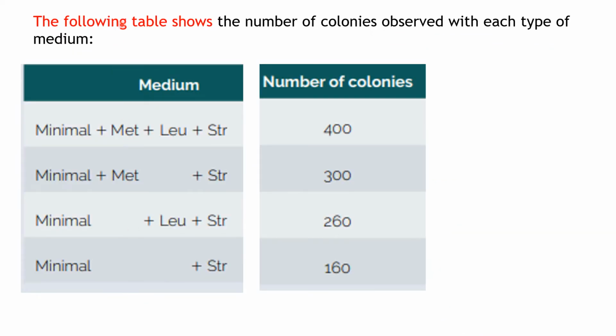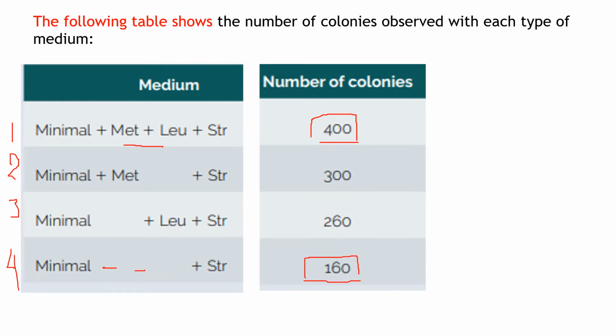So here you have the result table. As I said before, you have media 1, 2, 3, and 4. Here is the one that has everything, so you have the 400. And here you have the one that lacks both methionine and leucine.